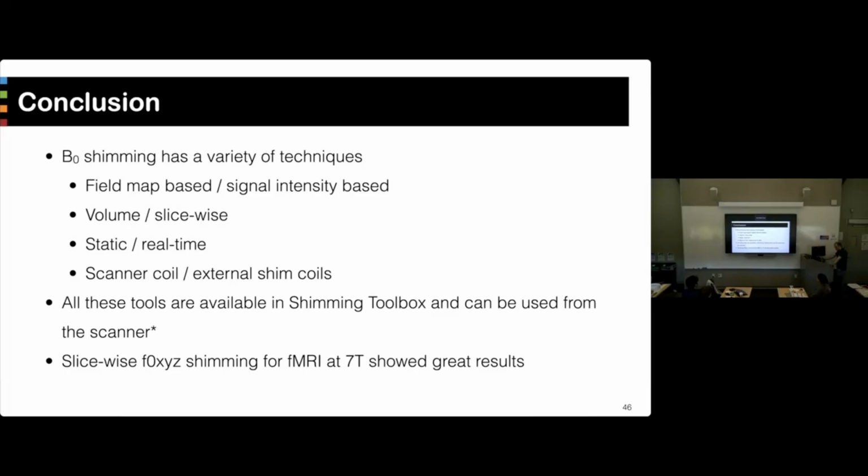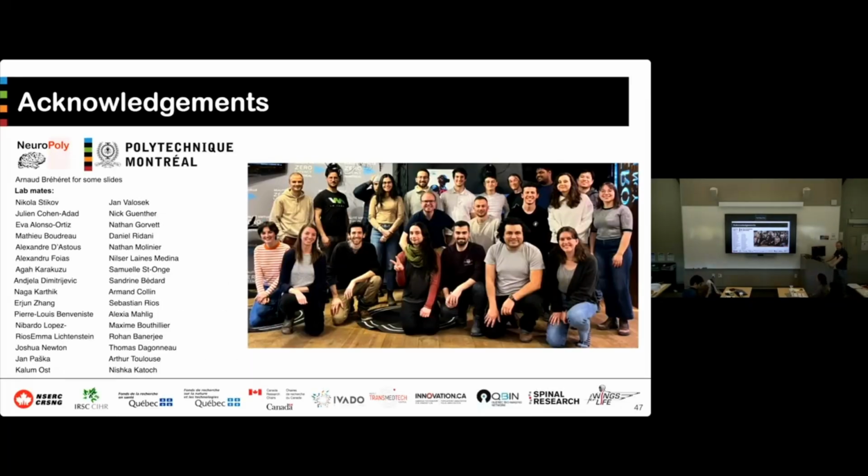Slice-wise f0 XYZ shimming for fMRI at 7 Tesla showed great results as well. We're really excited if you're working with fMRI with EPI. I think even at 3T we see pretty good improvement. Thank you. I'd like to thank the lab members and funding sources.